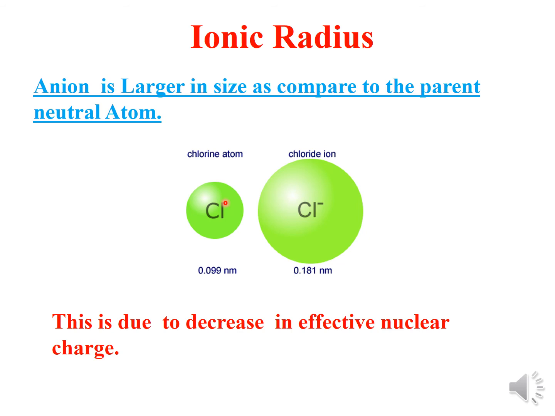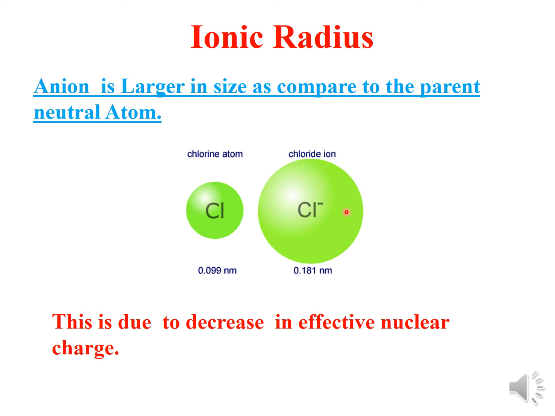Chlorine is converted into chloride ion by gain of electron. In this case, number of protons remains the same, that is 17, but number of electrons increases. So now 18 electrons are attracted by 17 protons. So force of attraction, that is effective nuclear charge, decreases.